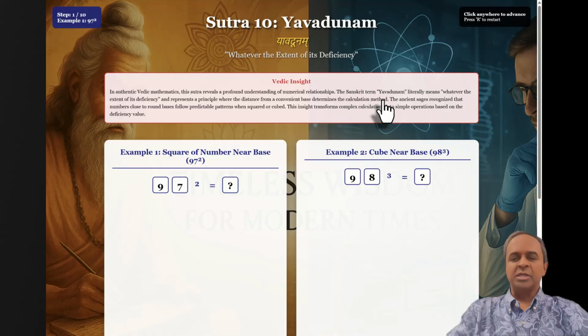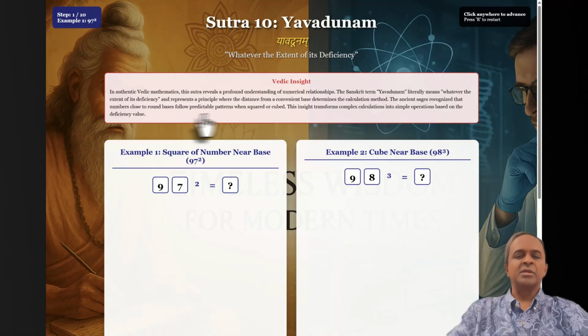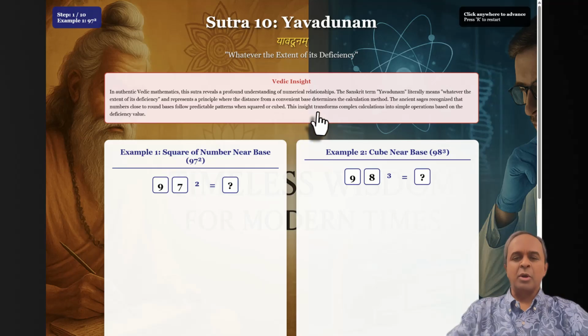The ancient sages recognized that numbers close to round bases follow predictable patterns when squared or cubed. This insight transforms complex calculations into simple operations based on the deficiency values.